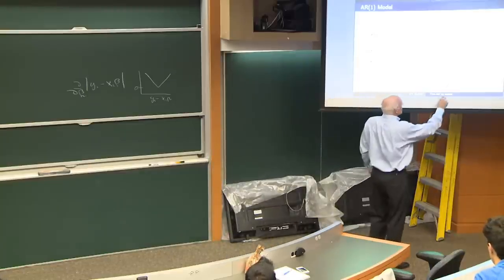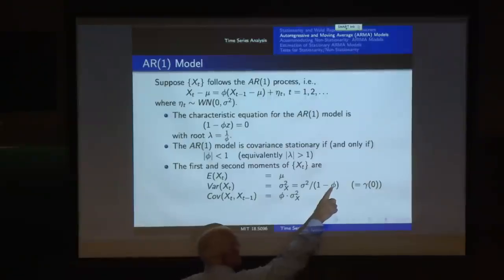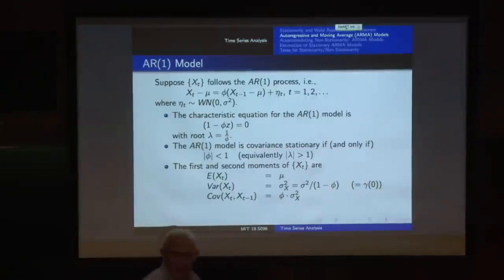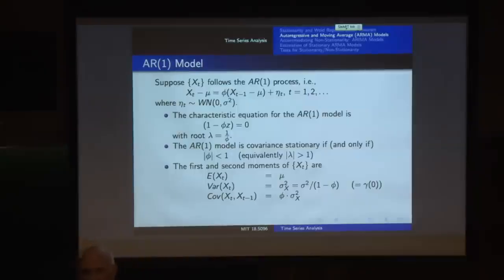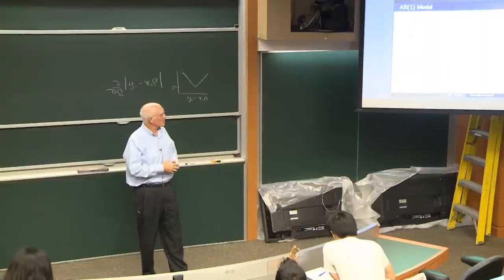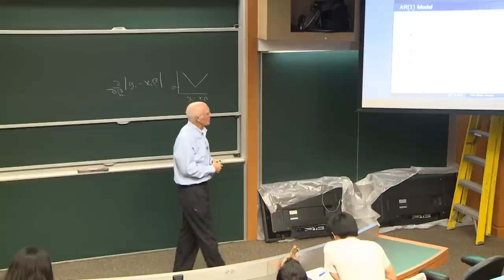But notice that if phi is positive, then the variance of x is greater than the variance of the innovations, and if phi is less than 0, then it's going to be smaller. So the innovation variance is sort of scaled up a bit in the autoregressive process.